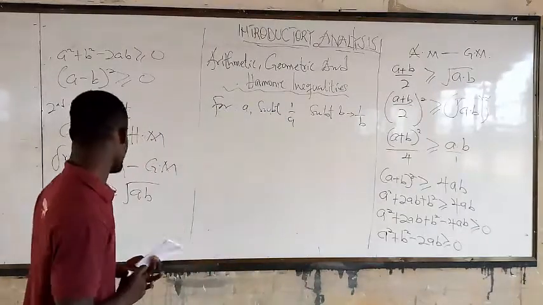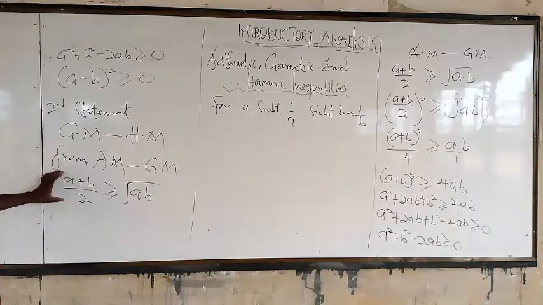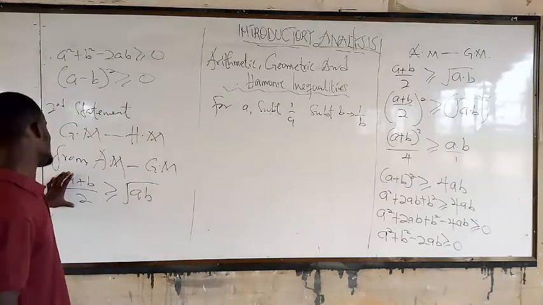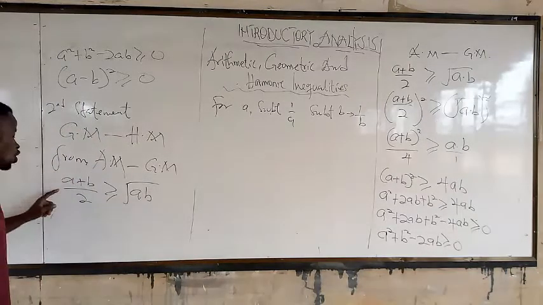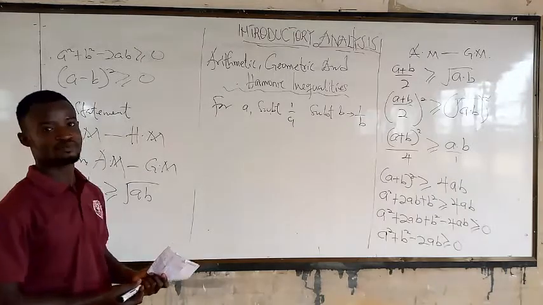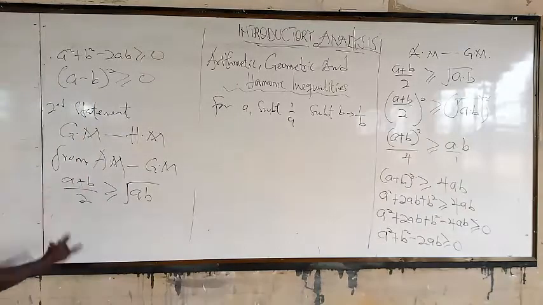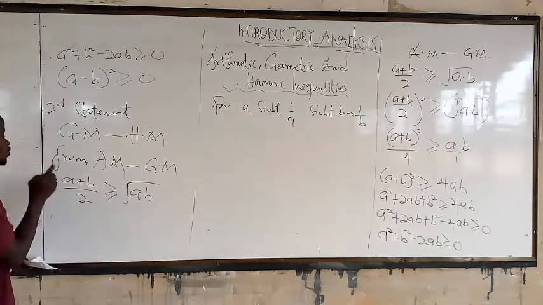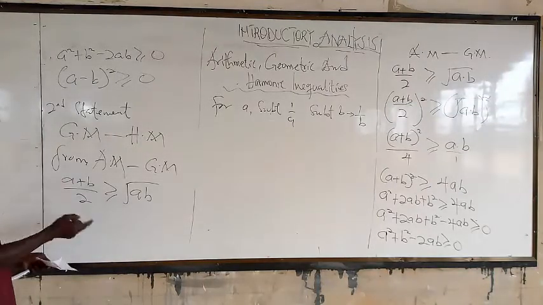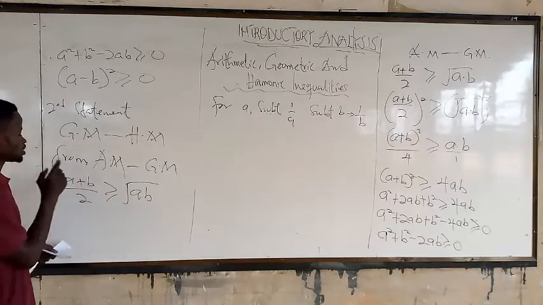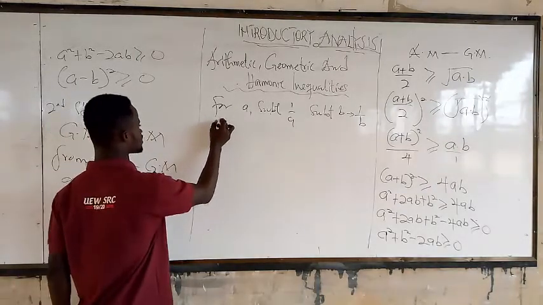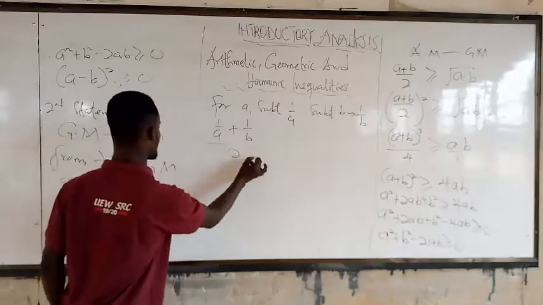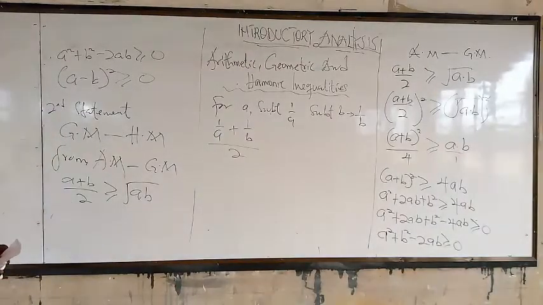The idea is that we want to generate this to a harmonic mean idea, and that is taking the inverse of the a and the b. So when you take the inverse of this, it's the same as doing the substitution of 1 over a for a, 1 over b for b. So when we take the inverse of this, we get this, plus the inverse of this, we get this, all over 2. So that is what we are having for that.